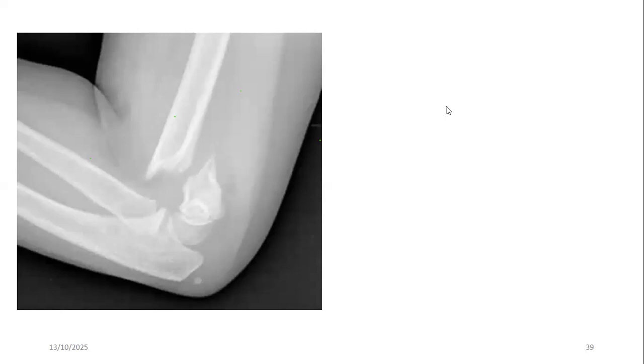Yeah, conservatively. So what type of fracture is this in the image? One, two, three. That is a type 3, because it has been displaced. It's not in touch with the cortex.